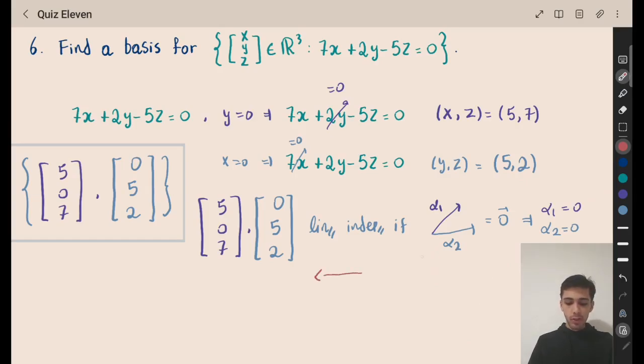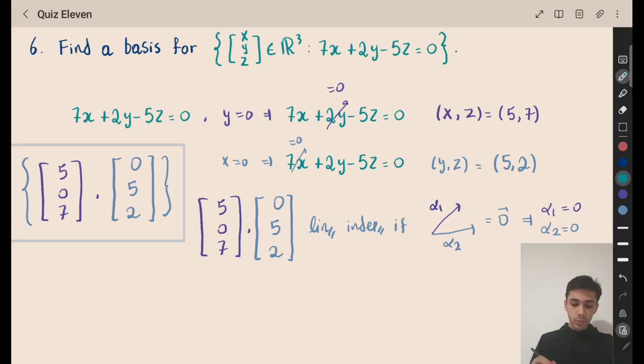An example of two vectors which will cancel each other out are two vectors on the same line. And these are two linearly dependent vectors. This is a pair of linearly independent vectors. So I'm just trying to motivate the definition at least.